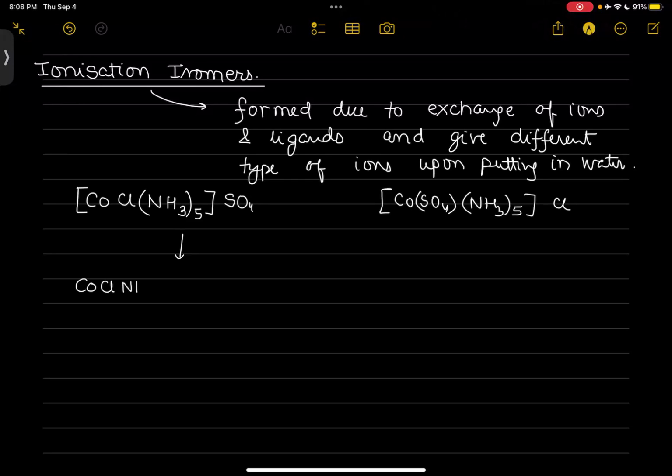Jasleen, Marwa, can you tell me how to know which ions are separating after putting in water? What is the method? Can you tell me the method? I can give you some hint.